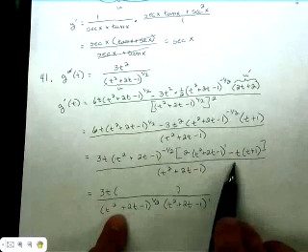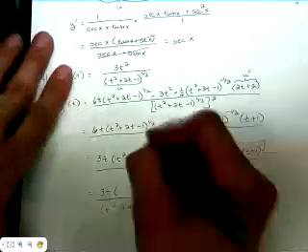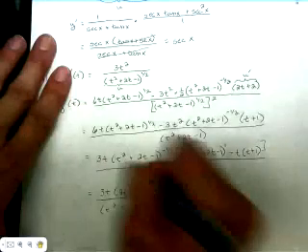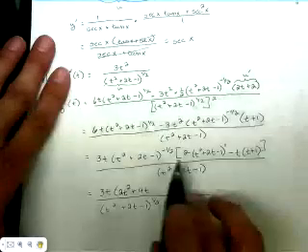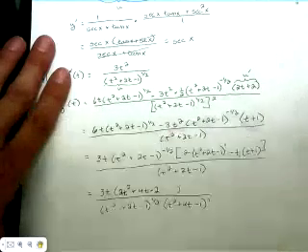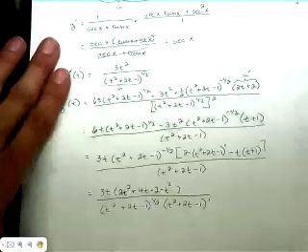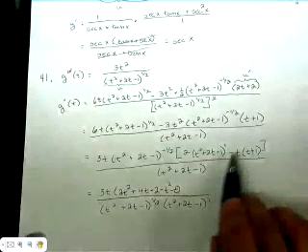Now cleaning up what's inside brackets, I would have 2t squared plus 4t minus 2 minus t squared minus t. I distributed that negative t on the end.